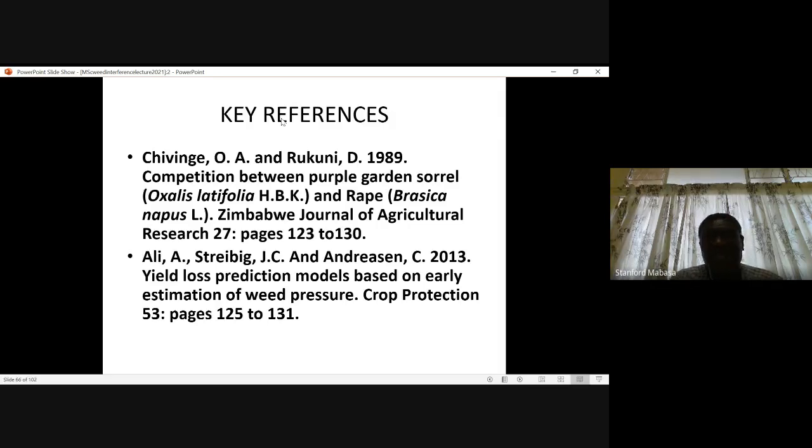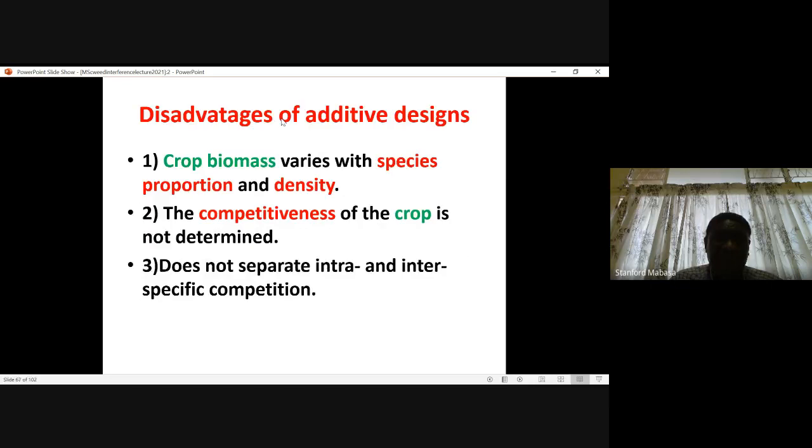At this juncture, I will stop. Maybe let me proceed a bit. Here, I just want to highlight the disadvantages of additive designs. Number one, the crop biomass could vary with the species proportion and density.